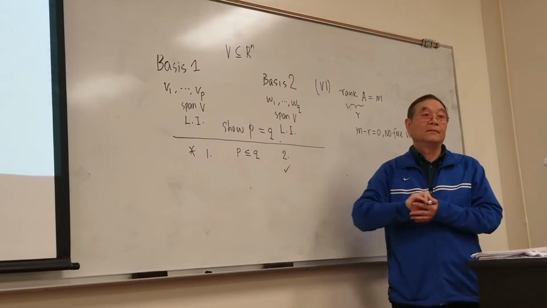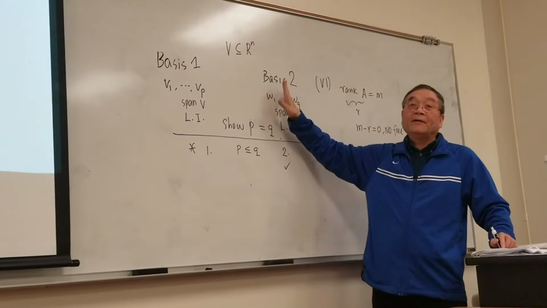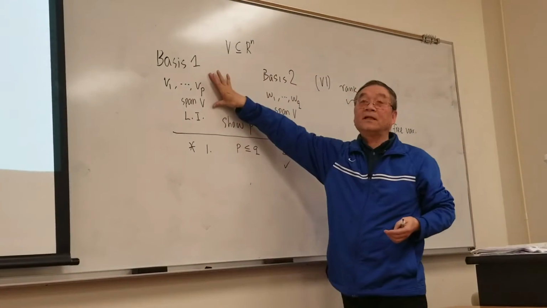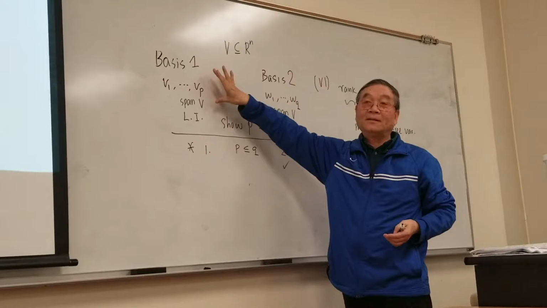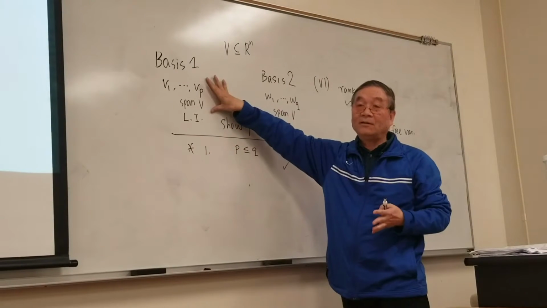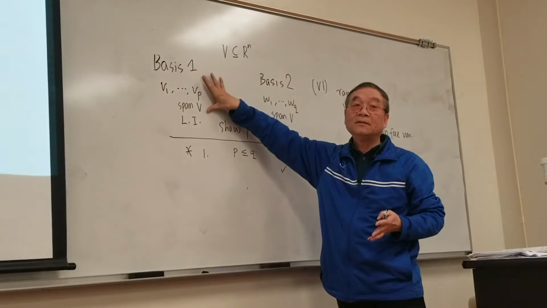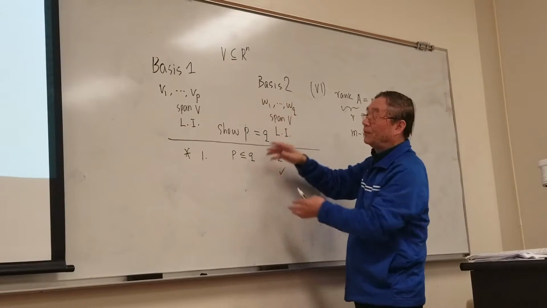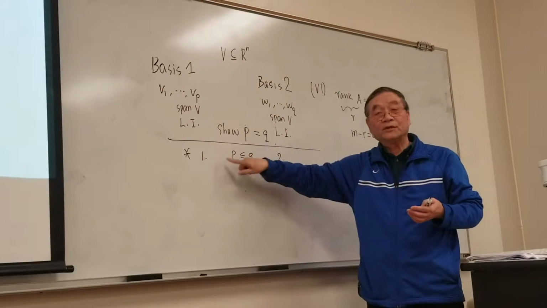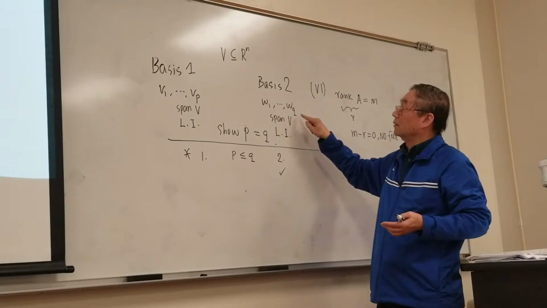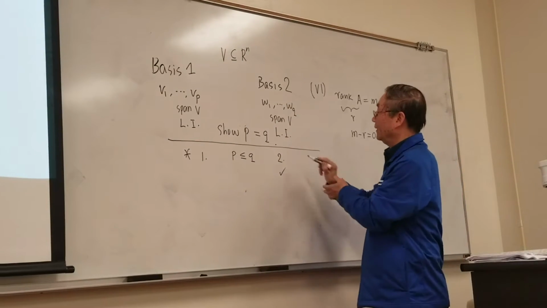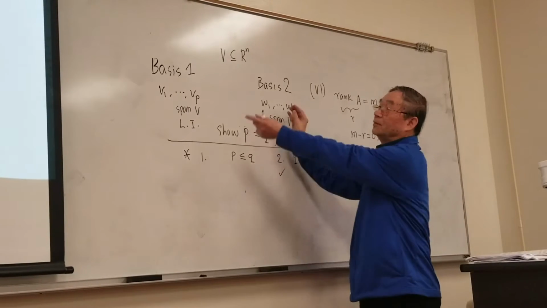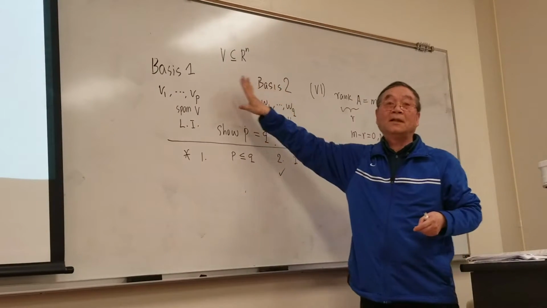Why? I can turn around and say, how about we switch the order? This was named basis 1, now we call this basis 2, and this basis 1. Then we repeat and just use this result. We'll know q is less than or equal to p.